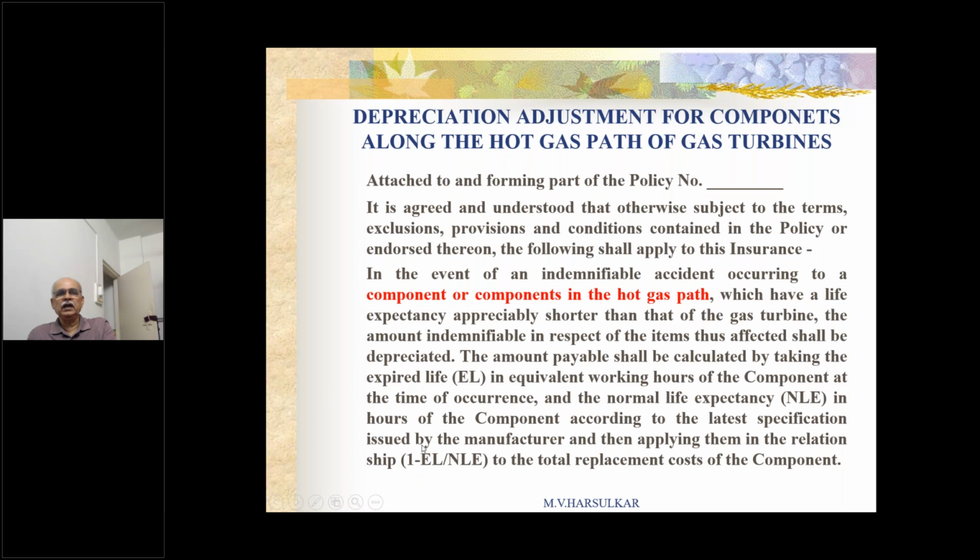So here the formula is given: expired life, so how much time it was used; normal expected life, so 1 minus EL by NLE. So this is the standard formula. Why they have given this thing, I don't know, but they have given this formula. So with this formula, you have to apply the depreciation.